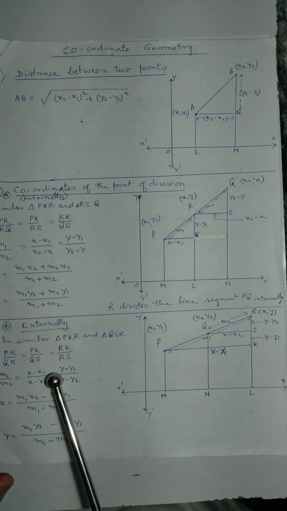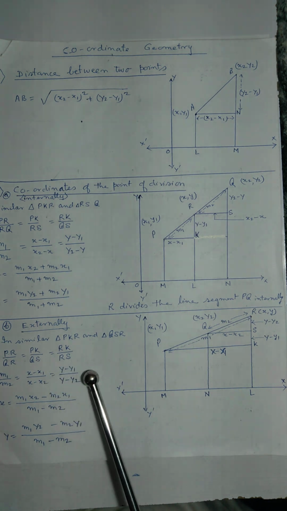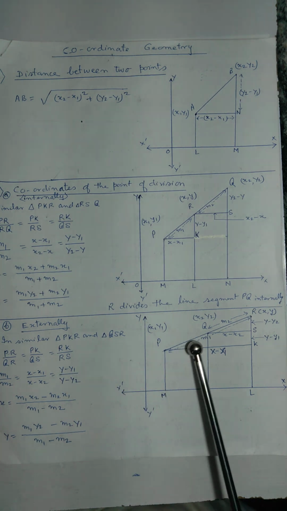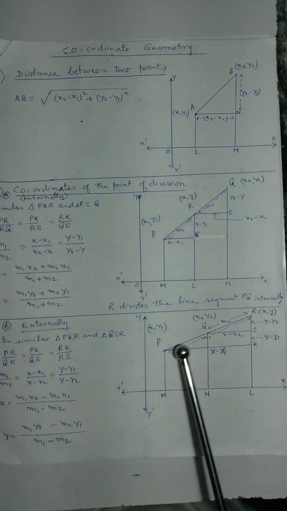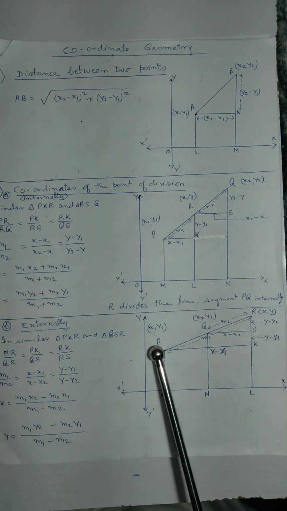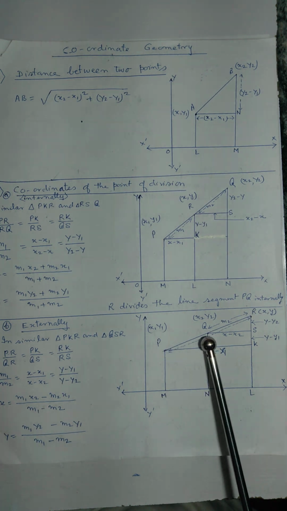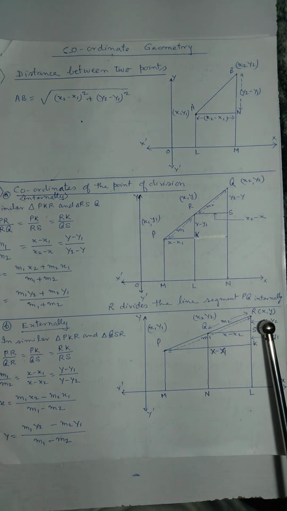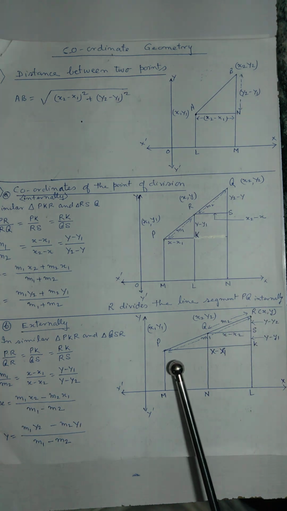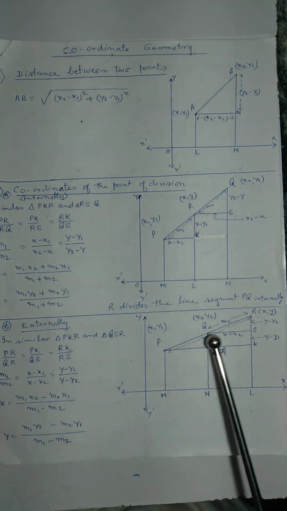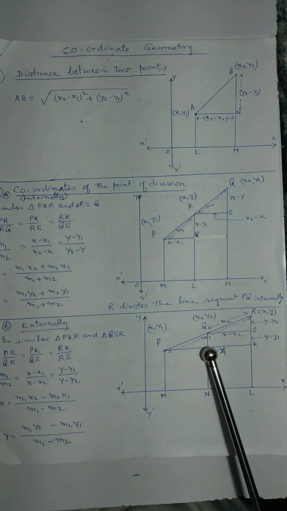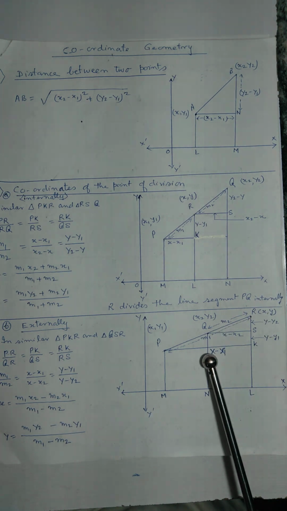Now if the point R divides the given line segment externally, at that time you see the PQ is here, P and Q whose coordinates are x1, y1 and x2, y2, and R's coordinate is x, y, which divides PQ externally in the ratio of m1 and m2, means PR is equal to m1 and QR is equal to m2.